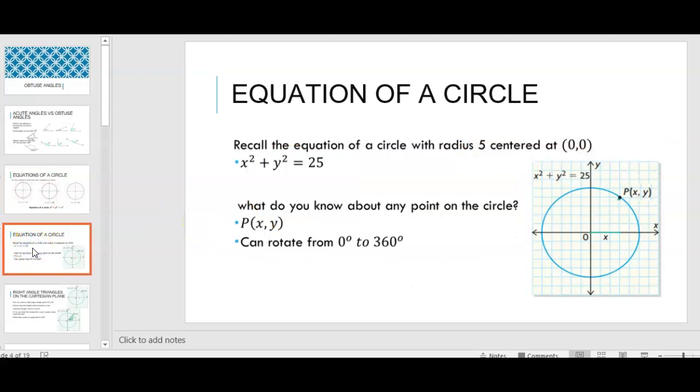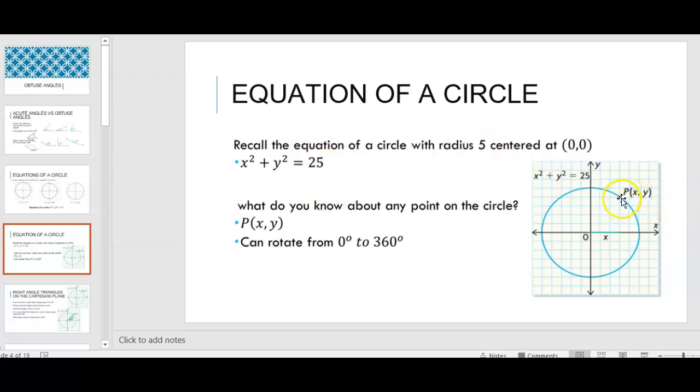Now, if the radius of a circle is, let's say, 5 centimeters, and we know that the circle is centered at the point 0, 0, the origin of the Cartesian plane, then the equation will look like x squared plus y squared equals 25. Okay, r squared, r is 5, so 25.